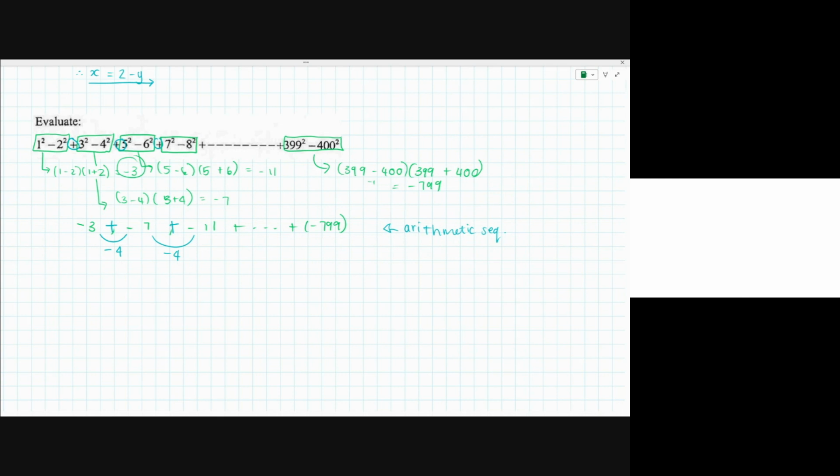Now, I feel like we spoke about this in class, but if you know the last term of an arithmetic series that you are adding up to, there's a separate little formula that we can use, which says the sum of n terms is equal to n over 2 times your first term plus your last term.